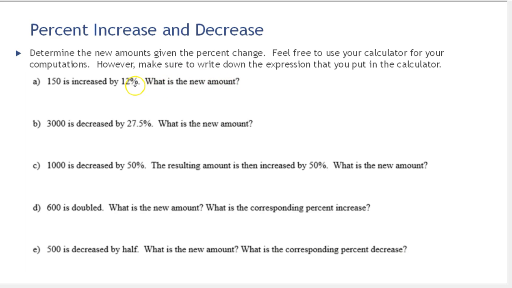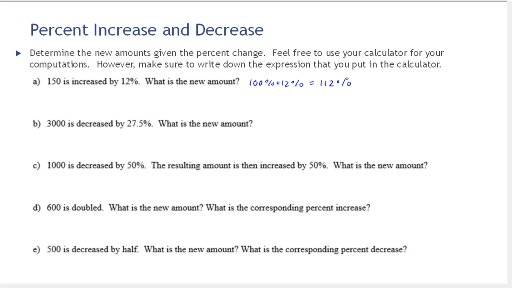Well, we could find 12% of 150, add that on to 150, and that would be our result. So that's one way to think of it, but we learned about multiplicative factors, and if something is increased by 12%, the new amount is 112% of the old amount.